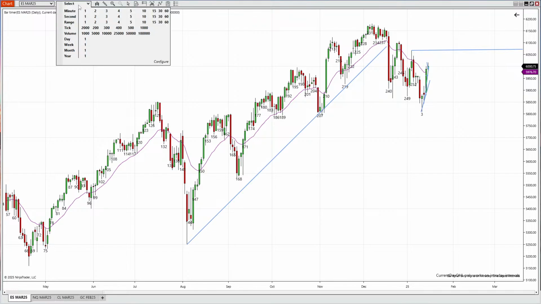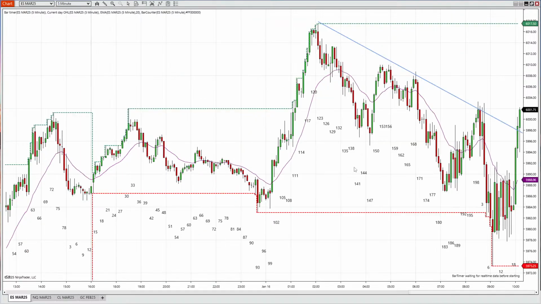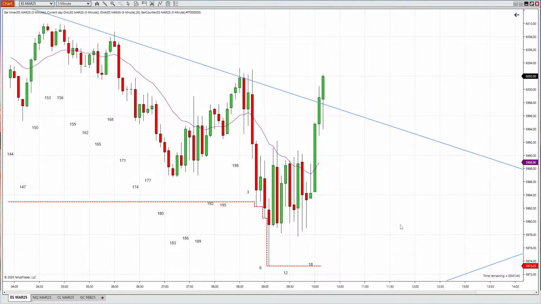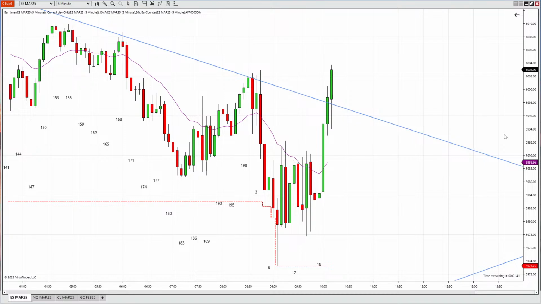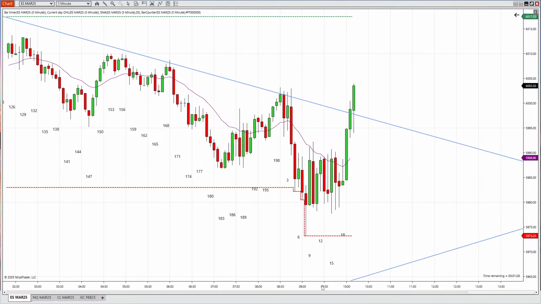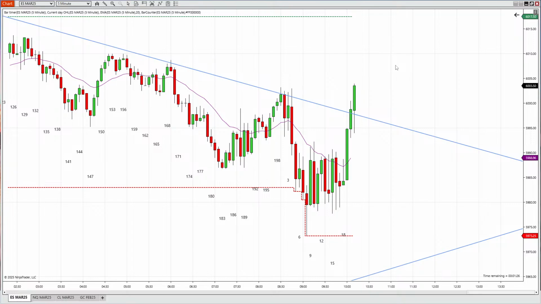So, not really anticipating a big bull day or a big bear day. Spent most of the day in this trading range, and now we're finally breaking out of it here. All right, first profit targets should be hit now.